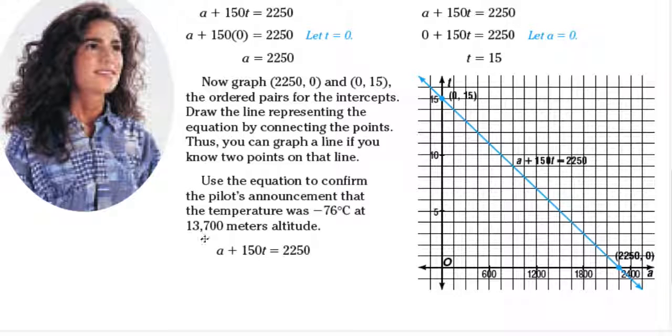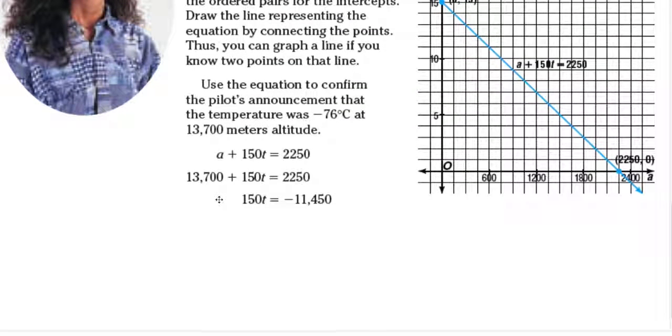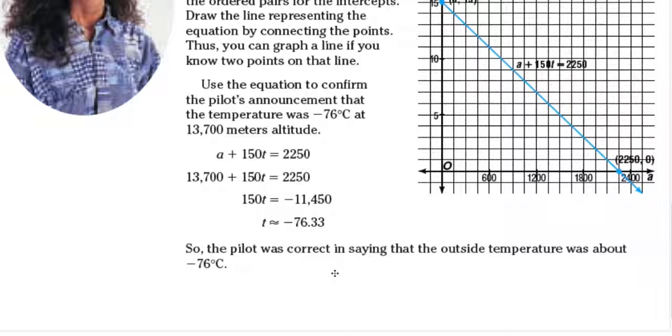So 13,700 plus 150T equals 2,250, and we simply solve for T at this point. Subtract 13,700 from both sides and divide both sides by 150. The temperature is around negative 76.33 degrees Celsius. So the pilot was correct in saying that the outside temperature was about negative 76 degrees Celsius.